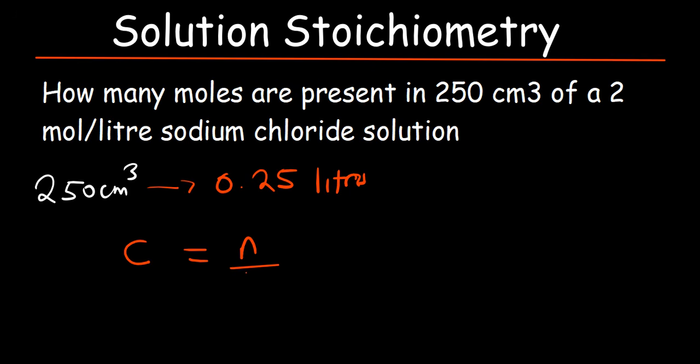But since in this case we're trying to find the number of moles, I'm going to make n the subject of the formula. So n will be equal to C multiplied by V.